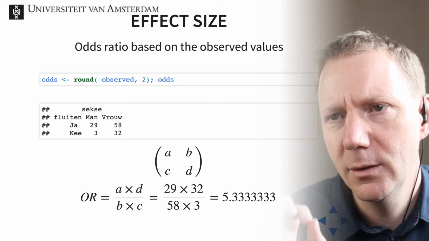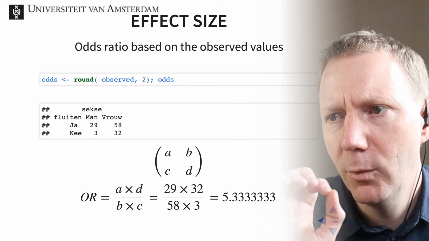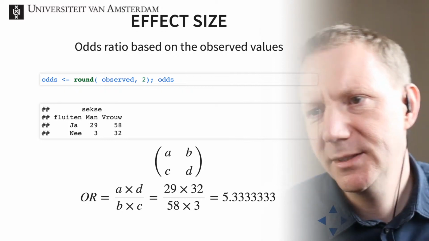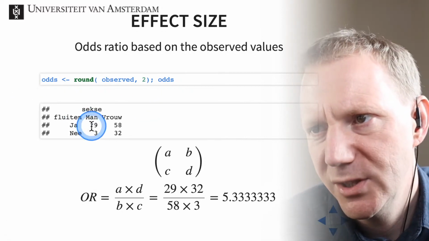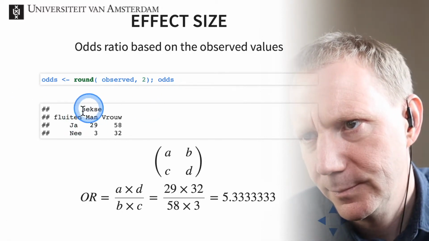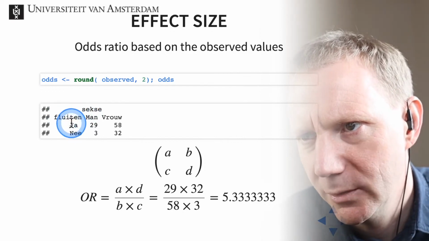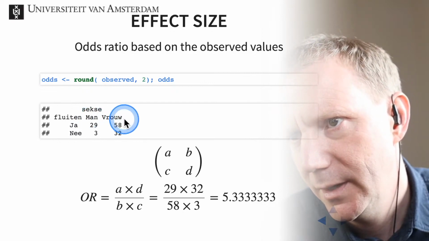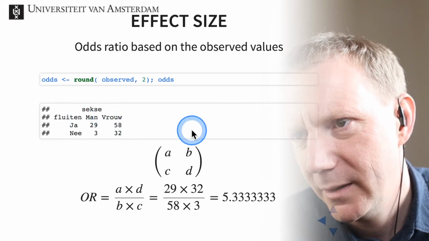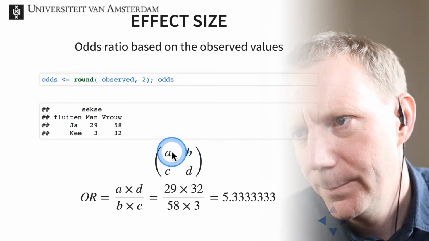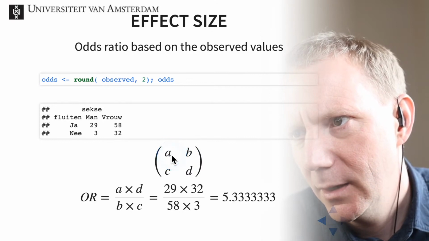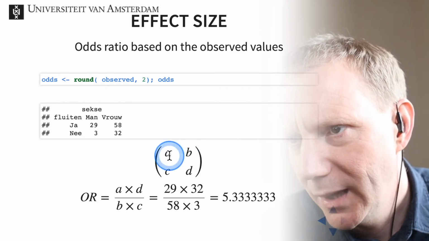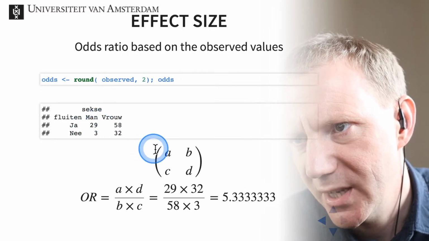What I've done here is, when using a contingency table like this, where we have being able to whistle yes or no and gender, I've put letters that associate to the cells.